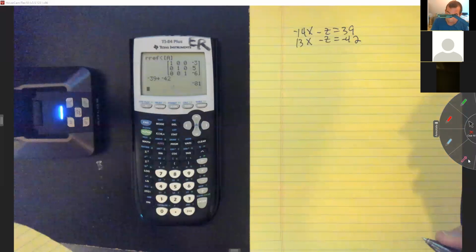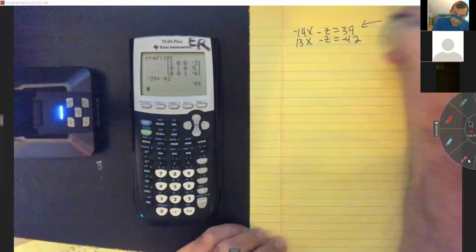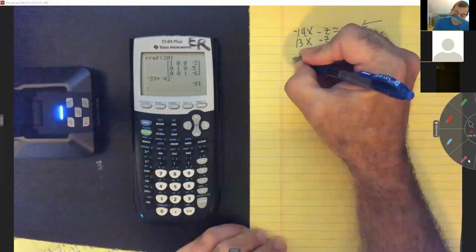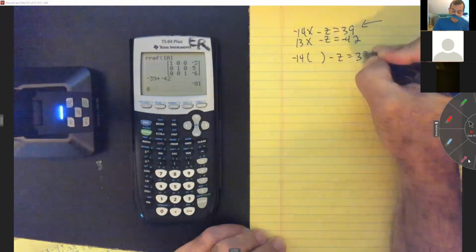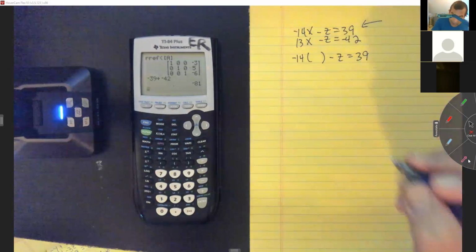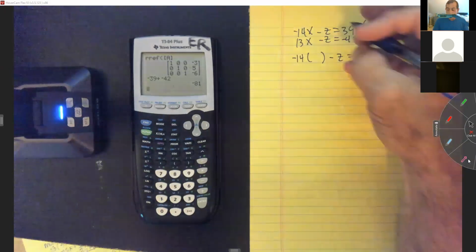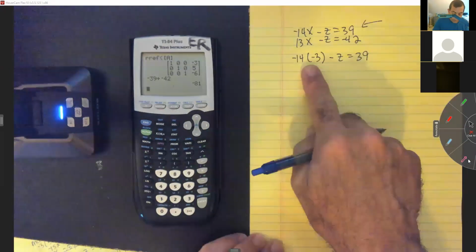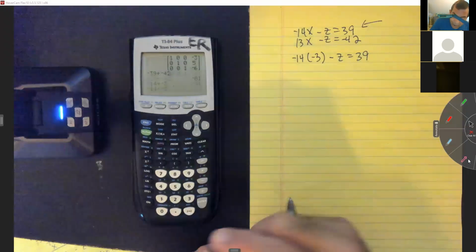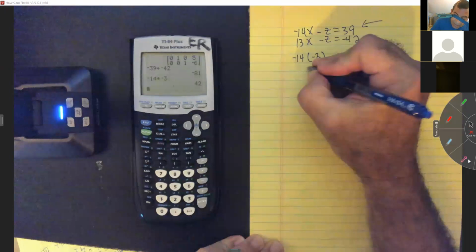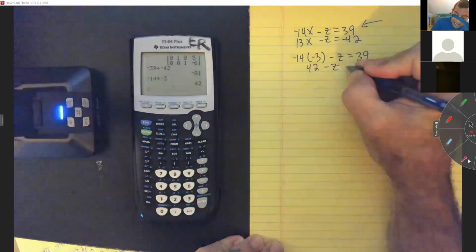I'm going to just take that top one again. So I got negative 14 times my x minus z has to equal 39. And I said x was a negative 3. So let me multiply that first. So I get 42 minus z equals 39.